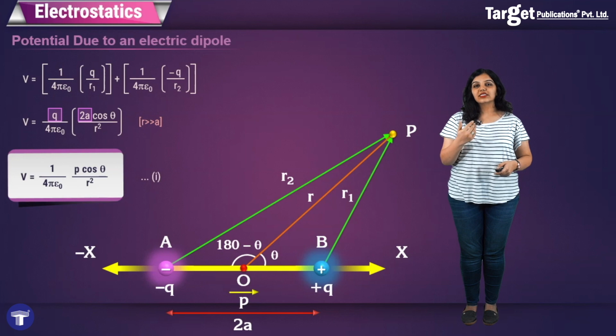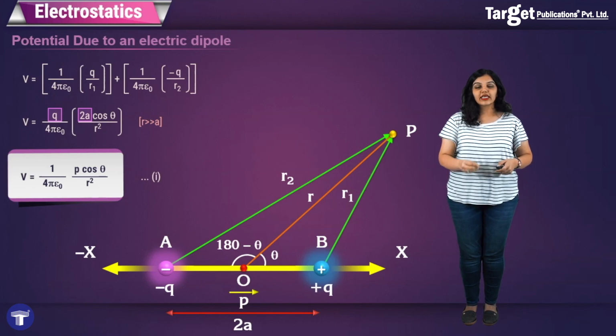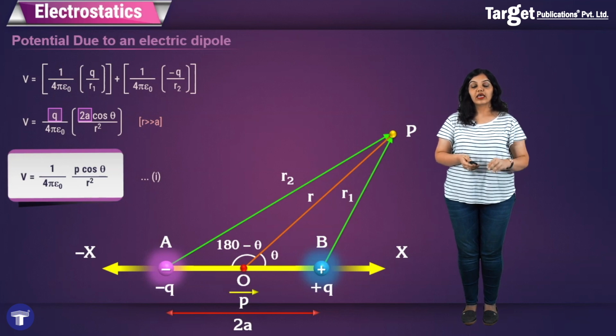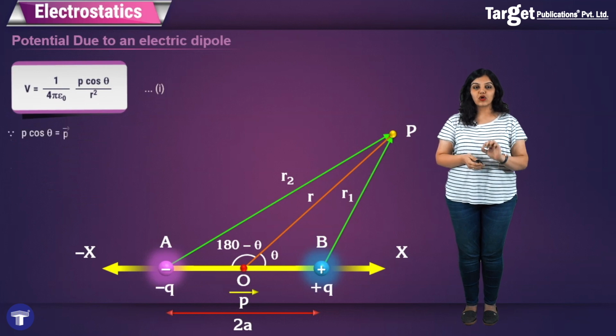Therefore I get the formula that V is equal to 1 upon 4 pi epsilon naught, p cos theta upon r square, where r is the distance of the point P from the center of the dipole. So this is the formula we got for a general point P. This point could be anywhere. Now what we're going to do is replace p cos theta with the dot product p dot r cap.